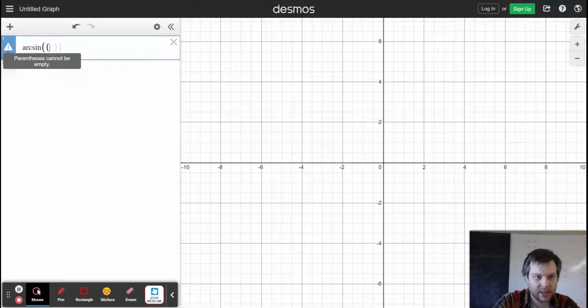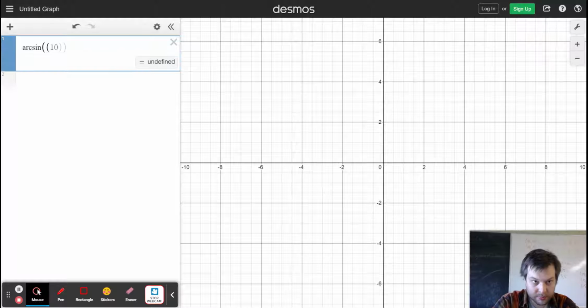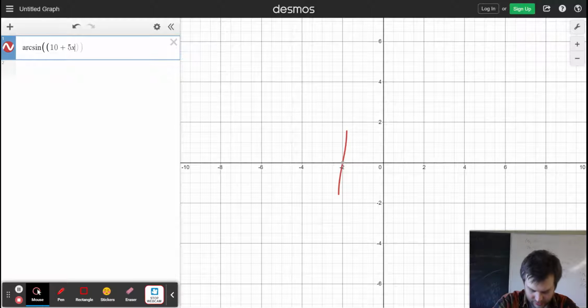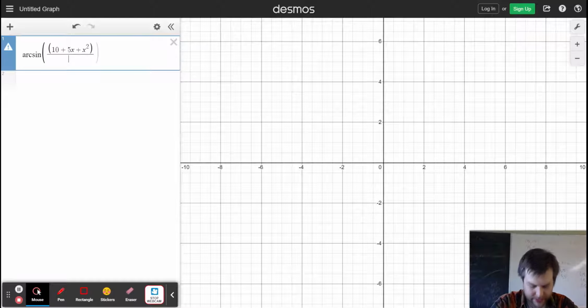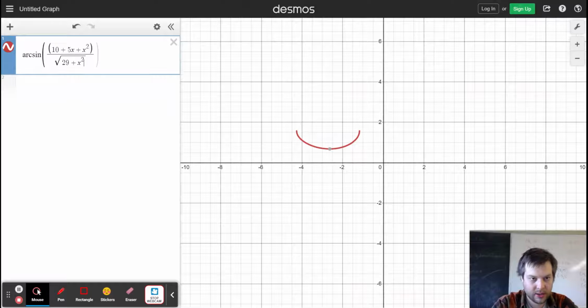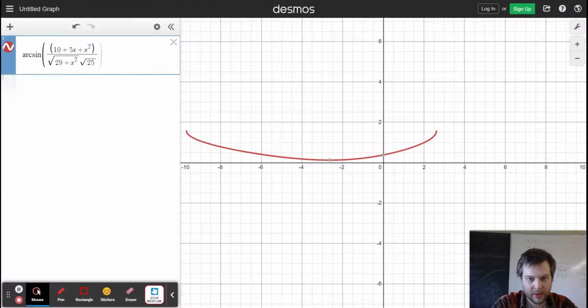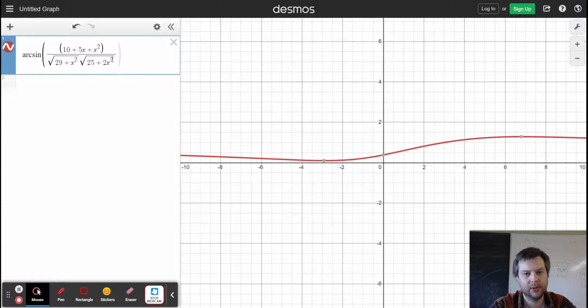So arcsine of 10 plus 5x plus x squared, all of that is going to be divided by, we said, the square root of 29 plus x squared times the square root of 25 plus 2x squared.